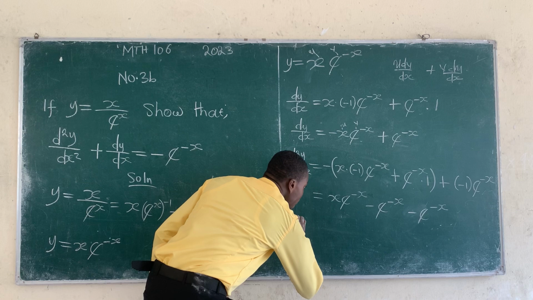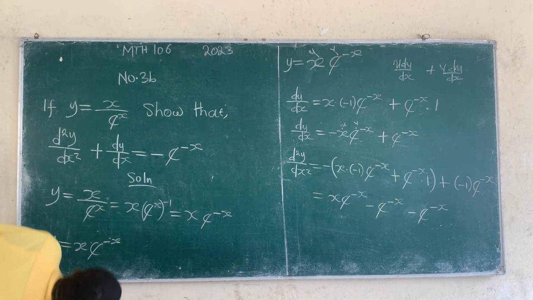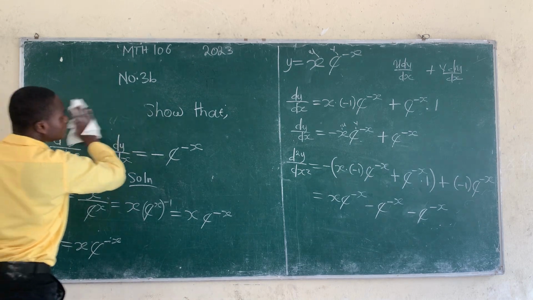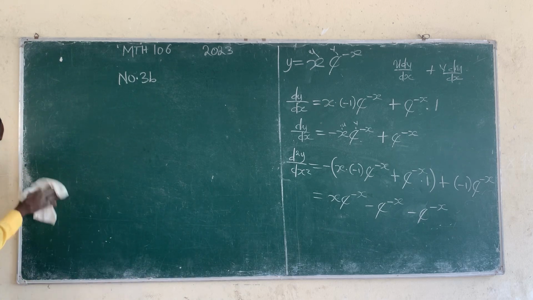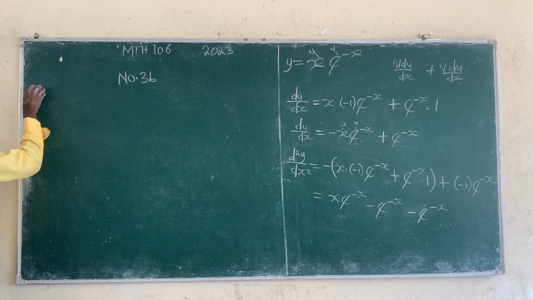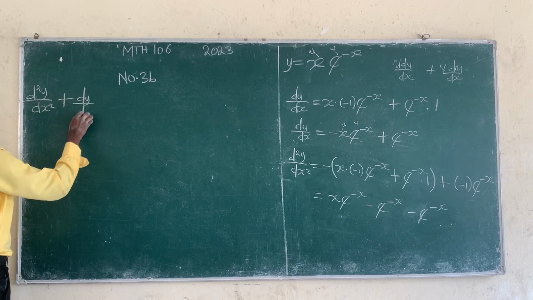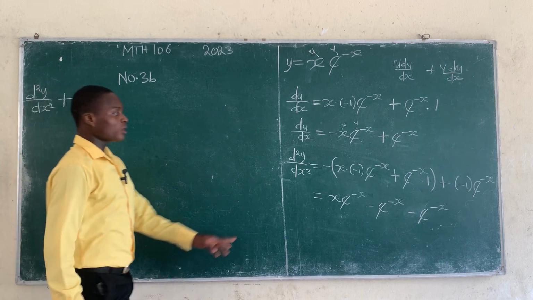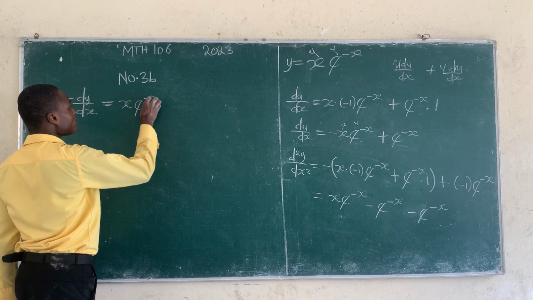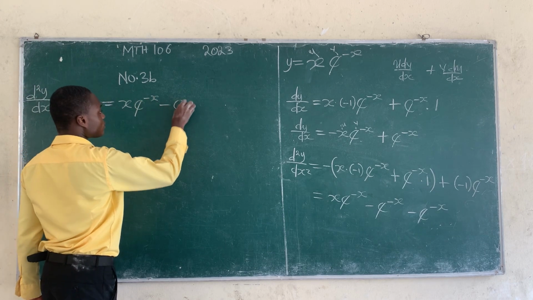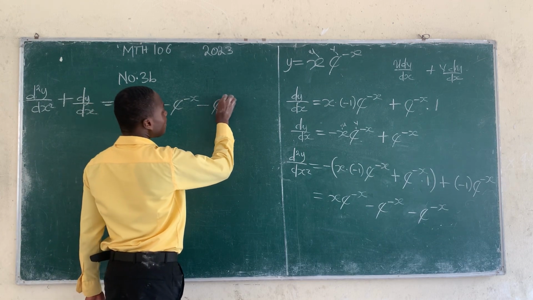We have d squared y over dx squared plus dy dx, and d squared y over dx squared gives us x exponential minus x, then minus exponential minus x, minus exponential minus x.